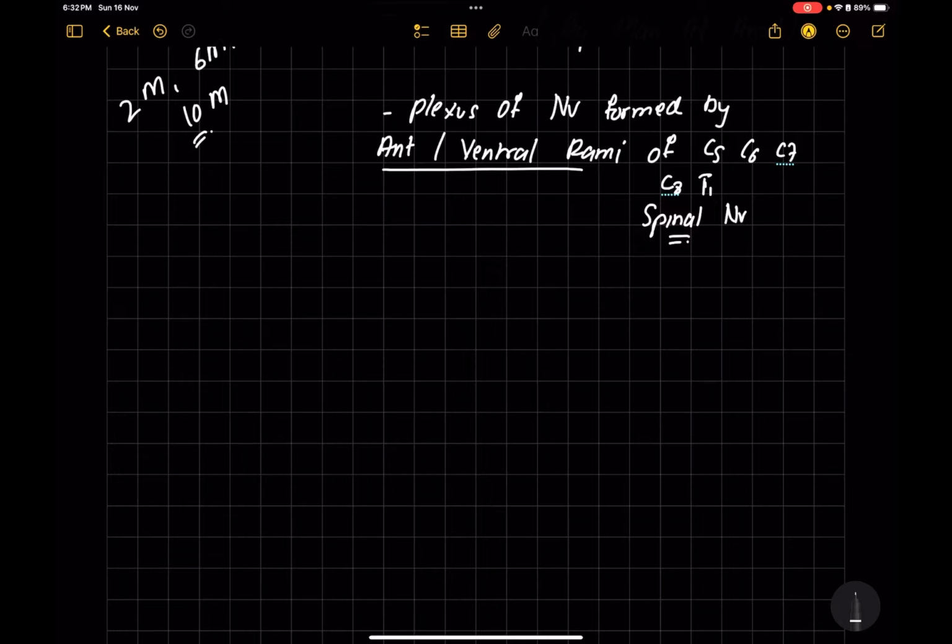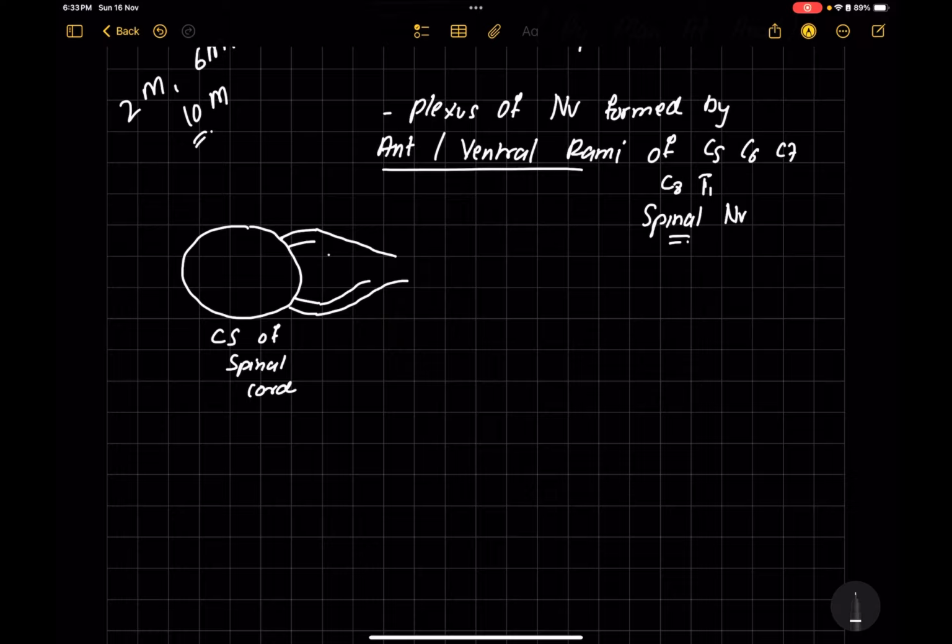From this spinal cord two things arise, that is the dorsal root of the spinal nerve and the ventral root of the spinal nerve. Both of these roots converge and give us one spinal nerve.